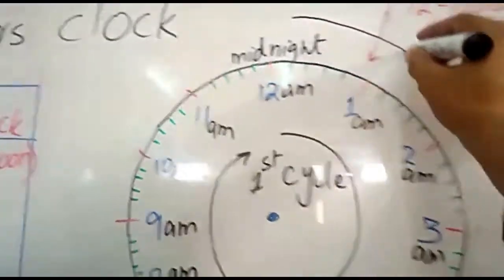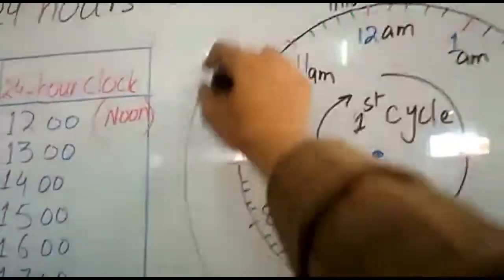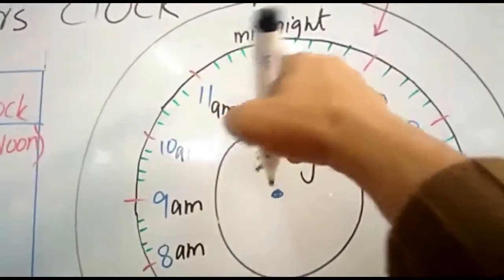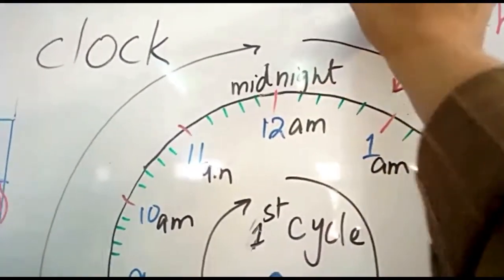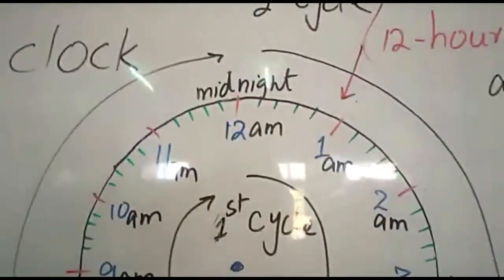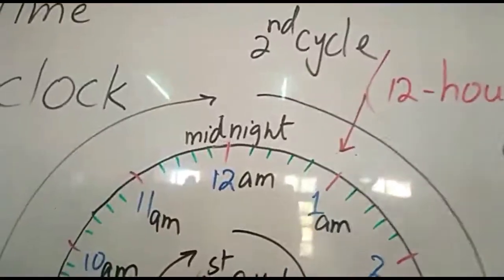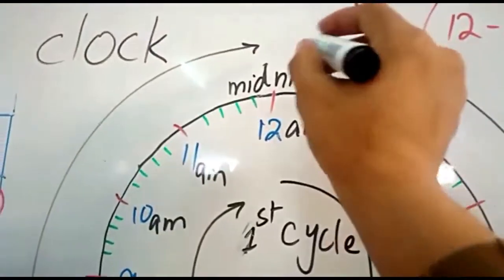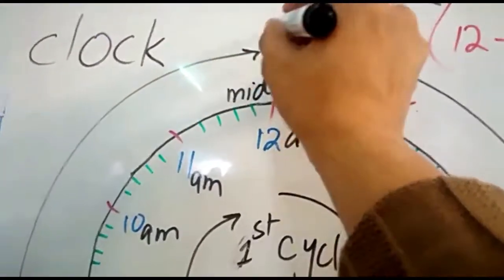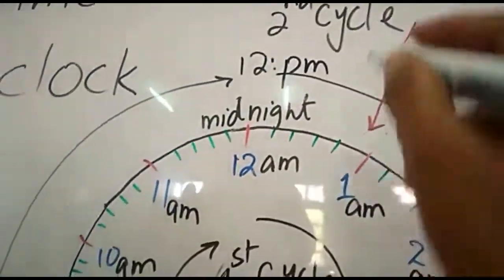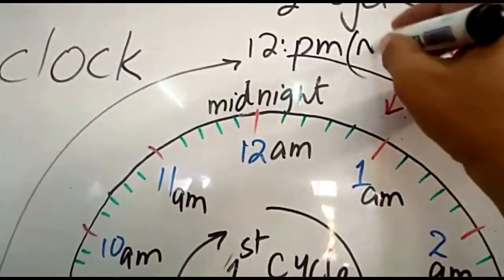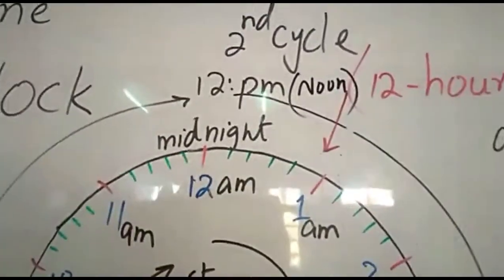The second cycle, cycle number 2, starts after 11 a.m. Here the second cycle starts at 12 p.m. or 12 noon.